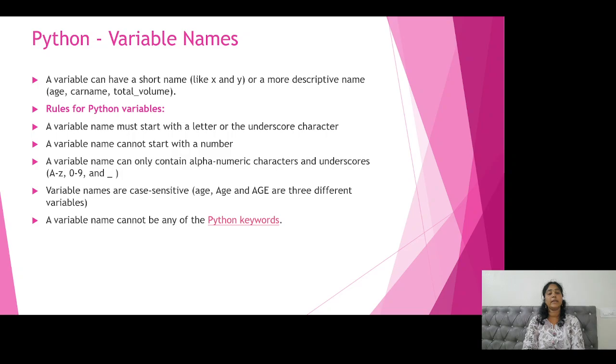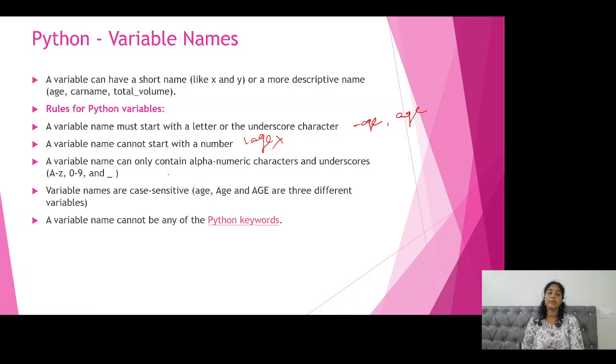Variable names. While giving names to variables, we must follow some rules. A variable can have a short name or a descriptive name. It must start with a letter or an underscore character and cannot start with a number. Underscore age is valid, but one age is invalid.